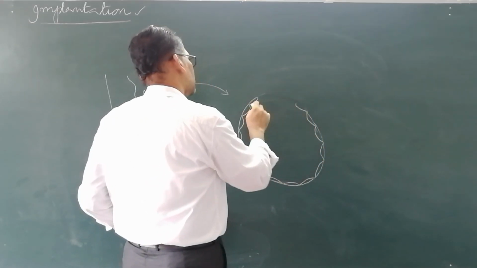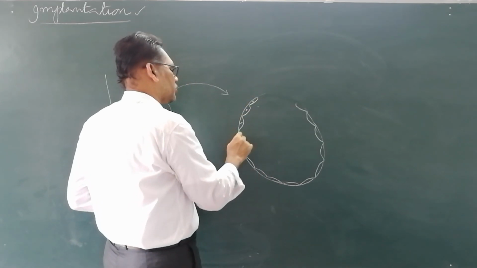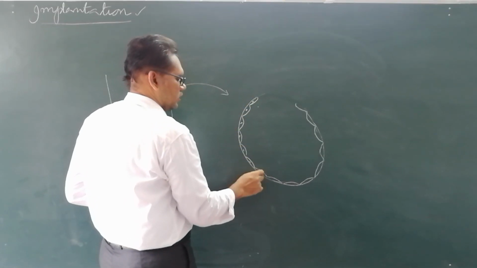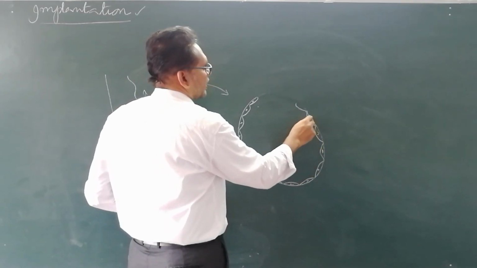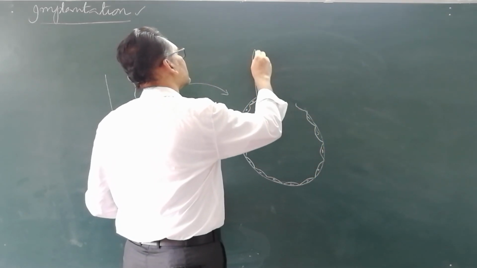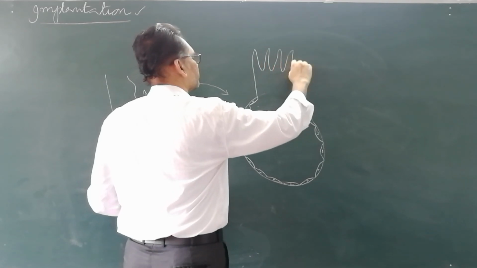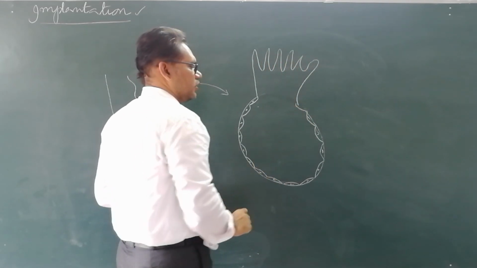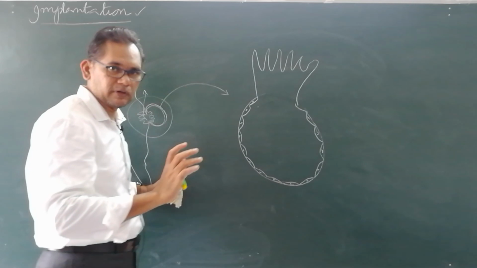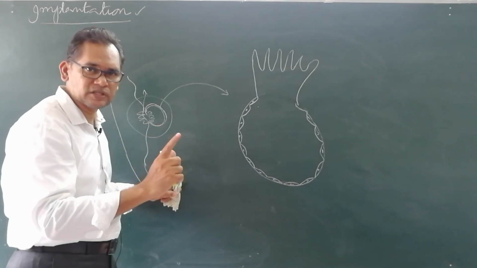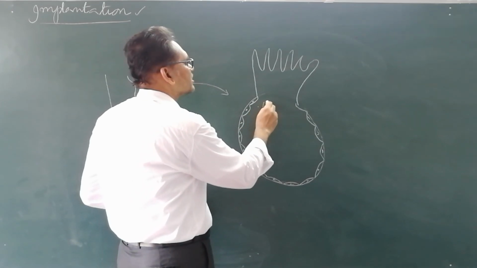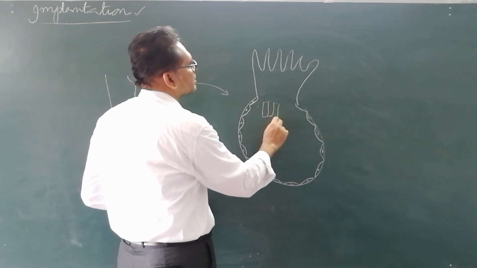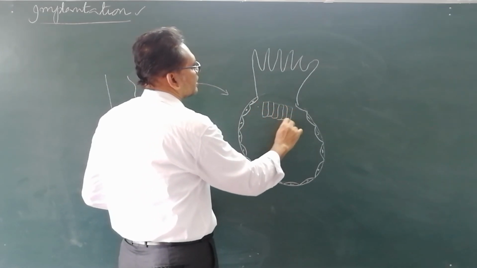It is flat, actually these are cuboidal cells, but for our convenience we are drawing it like this. Now, these are the cells at the region where it falls on the uterine endometrium, which is always towards the inner cell mass. Here is the inner cell mass.